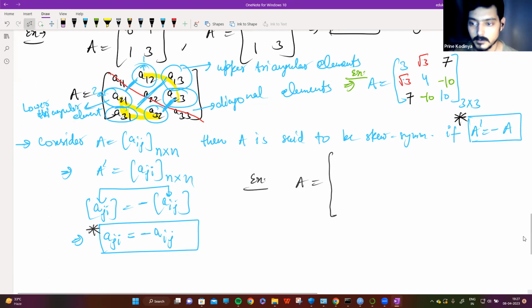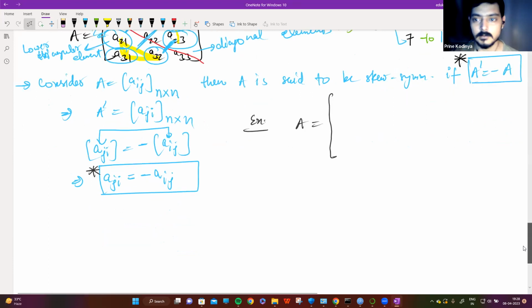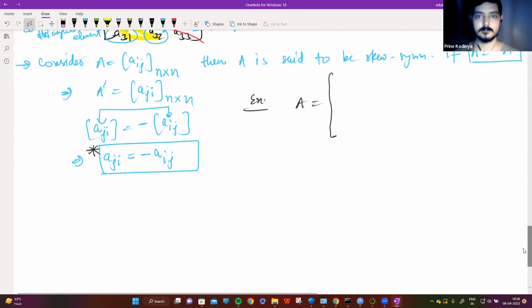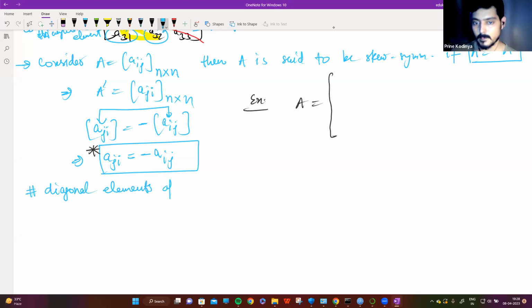Let's try to find out the diagonal elements of a skew symmetric matrix.